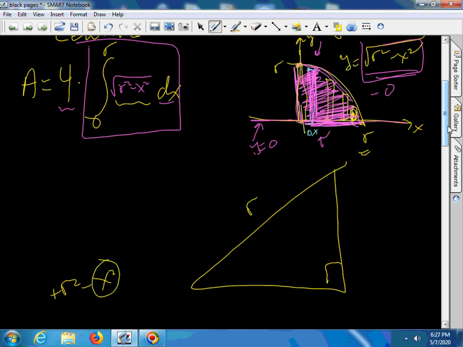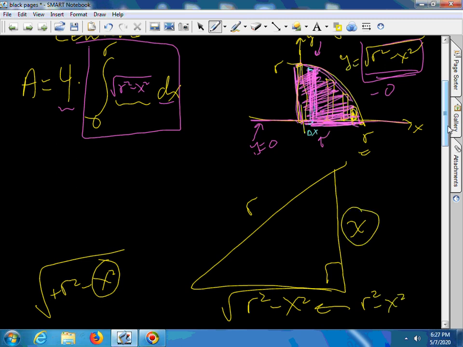And the negative term, x squared, the square root of that always goes on one of the legs. And the square root of r squared minus x squared goes on the other leg. And if you verify this, when you square that, you get r squared minus x squared. And when you add back the x squared, you just get r squared. And that does equal that square. And here's our angle u.